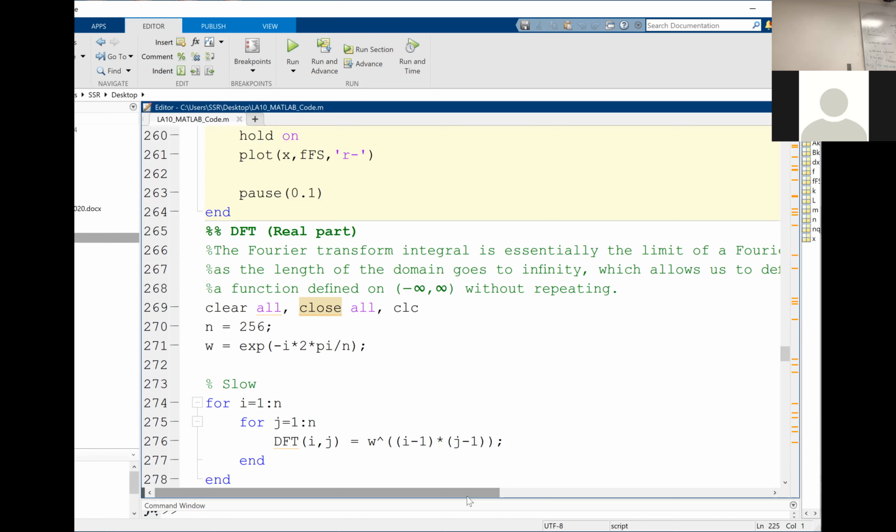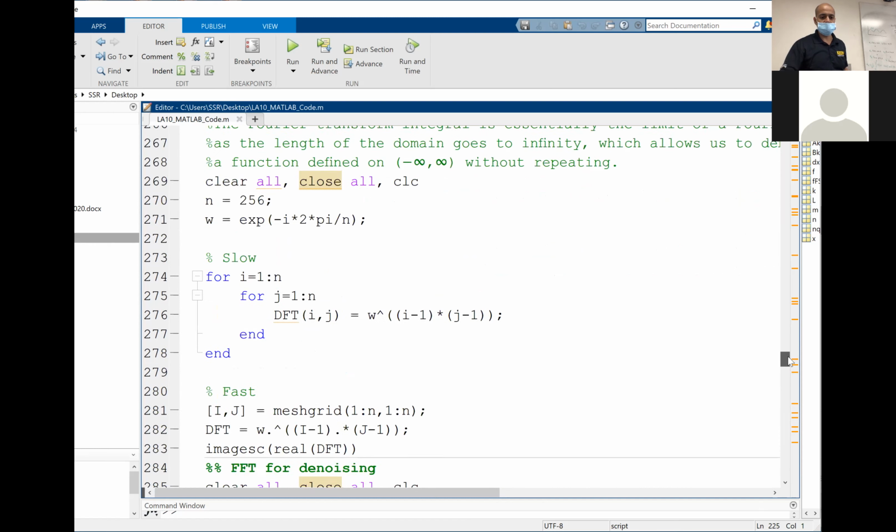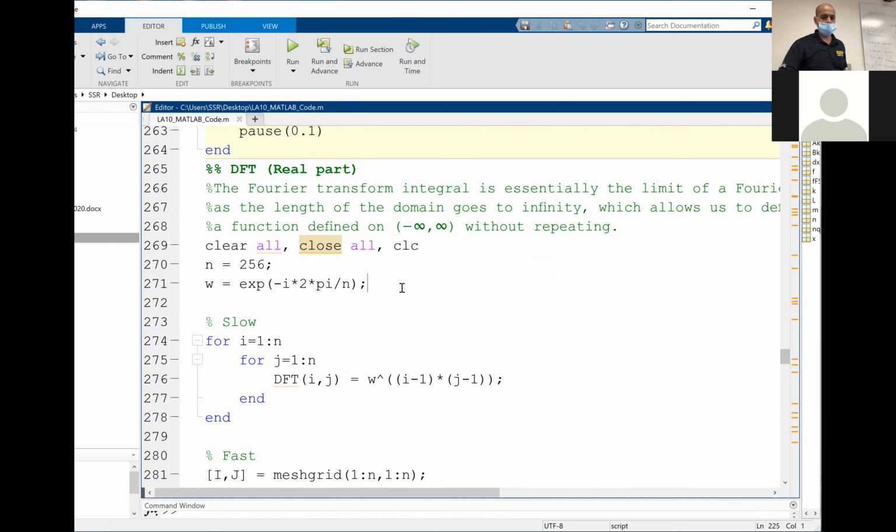Mathematically, the operation is just construction of a matrix and recursive multiplication of that matrix. The next part of the code shows how the discrete Fourier transform is calculated. I just want to run this and show you that the DFT coefficients can be represented pictorially. They will give you a very nice picture.